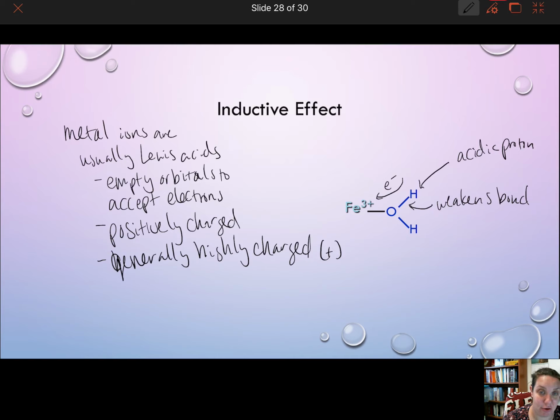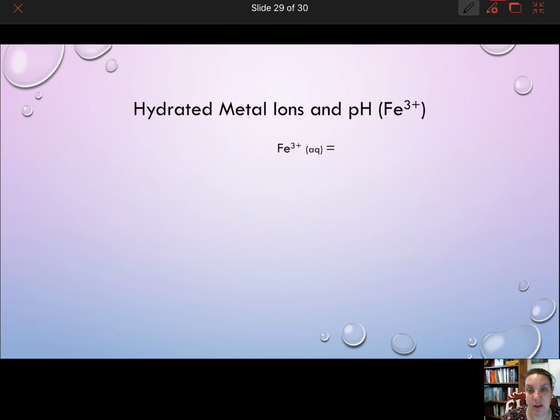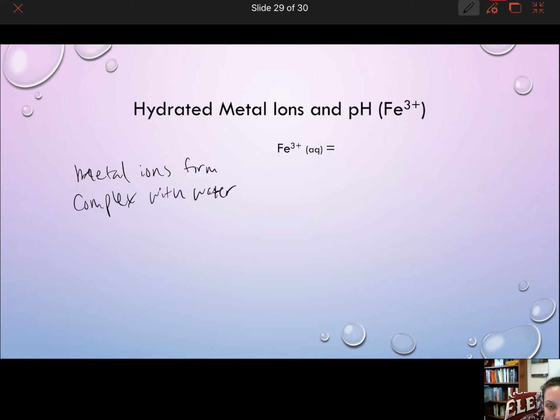And that is how it becomes an acid in water. Okay, so when we take something like iron 3+ and we add it into water, the metal ions form a complex with water. We call this complex a complex ion.